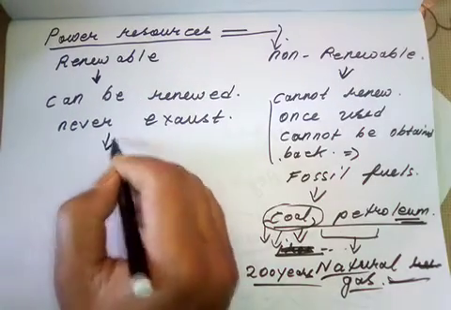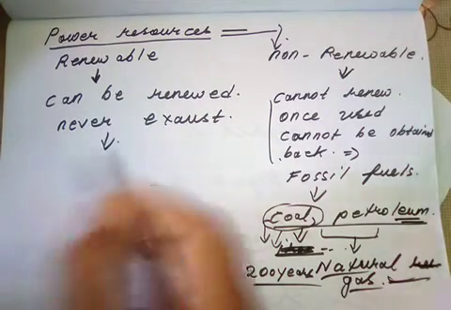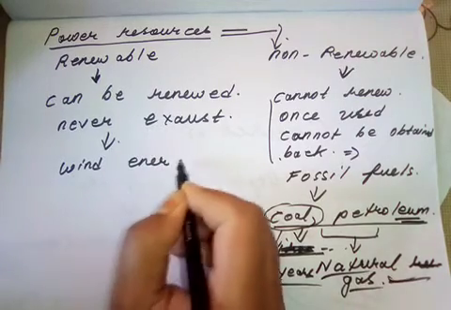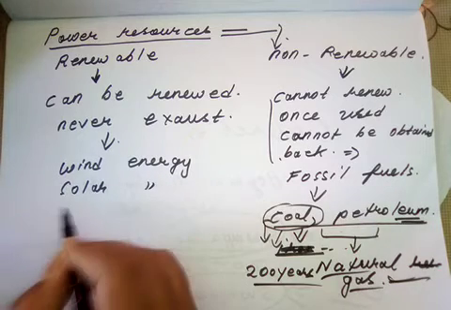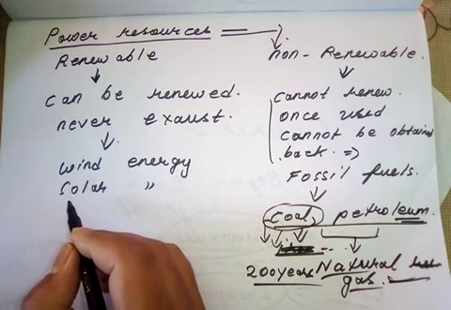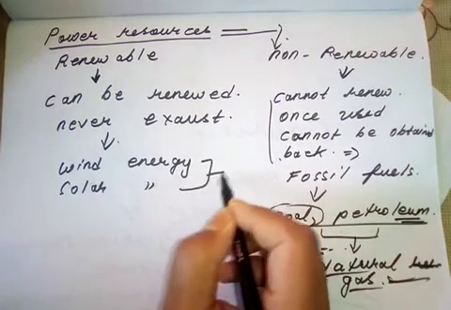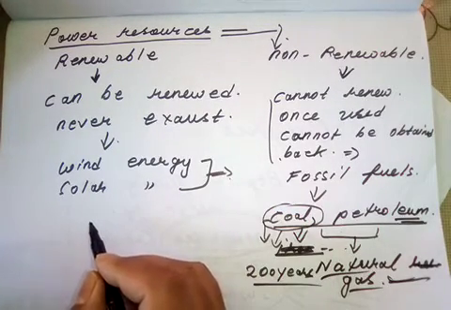So what kind of resource gives us power and never exhausts? These are like wind energy, solar energy, which are very important here. It never ends, these kinds of energy.